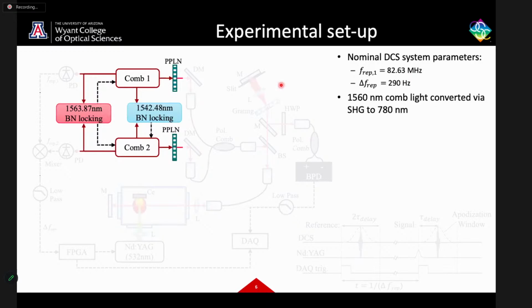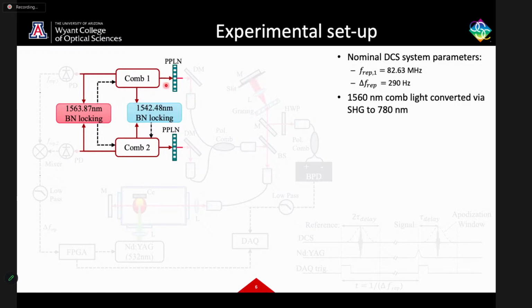So to outline our experiments with dual comb spectroscopy, I'm going to walk through the experimental setup here using our two erbium-doped fiber lasers in order to produce the mutual coherence needed between the two frequency combs. We phase lock them to two narrow line width CW lasers operating at 1560 and 1540 nanometers.